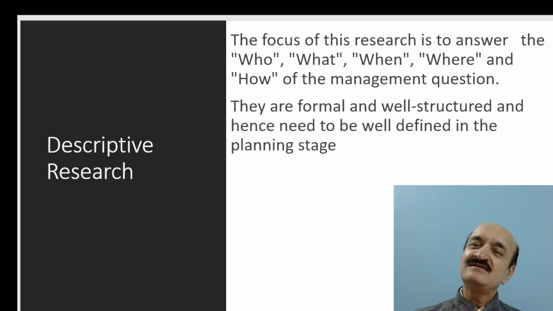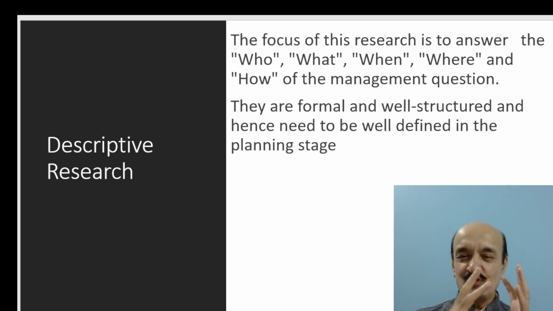When will these customers be ready to buy our product? From where? Which place would they like to buy it? Offline, online, e-commerce, etc. And how would they like to buy it? Cash, credit cards, EMI, etc. So all these questions are basically trying to describe the research. So who, what, when, where, and how.